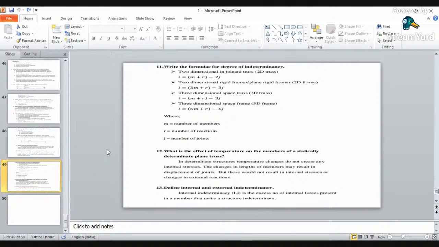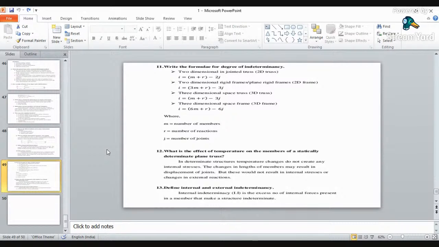Here the question is for a plane truss, but it is applicable for all structural elements. But when you are talking about an indeterminate structure, in those cases temperature and changes in the member length will change the final stresses or final forces of that element.